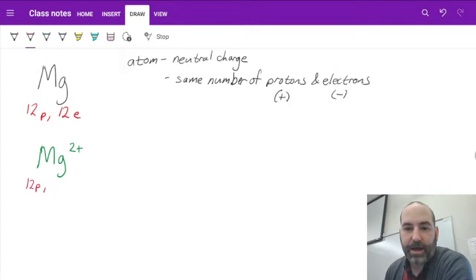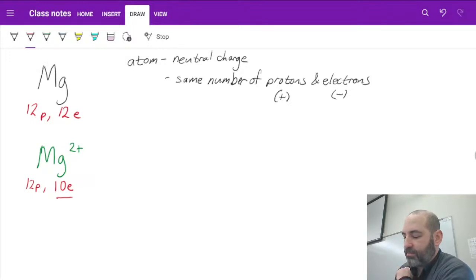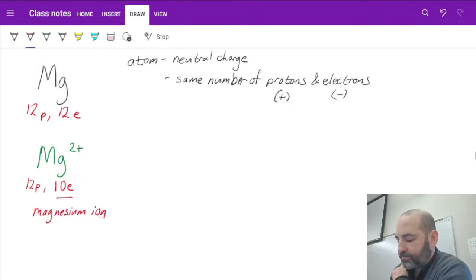The way we get that positive charge is by taking away electrons. So a magnesium 2+ ion is only going to have 10 electrons instead of the 12 in the neutral atom. So this is a magnesium atom, and this is a magnesium ion. Ion meaning having a charge.